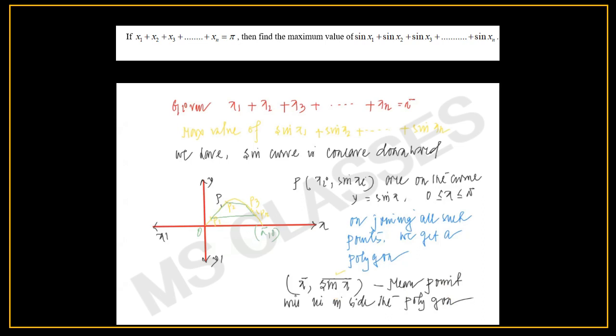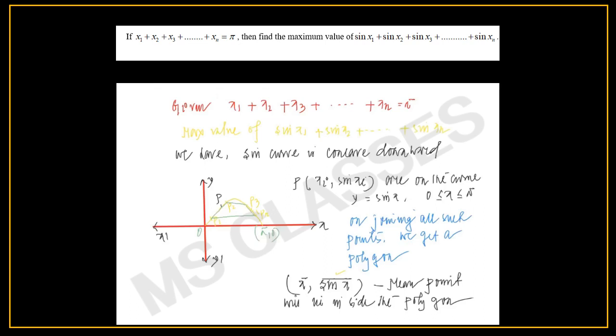And there is another point, which is x bar comma sine x bar. X bar is the average of the abscissa. If we give that value as input to sine, that point will lie on the curve. From the graph, corresponding to this point we have x bar.